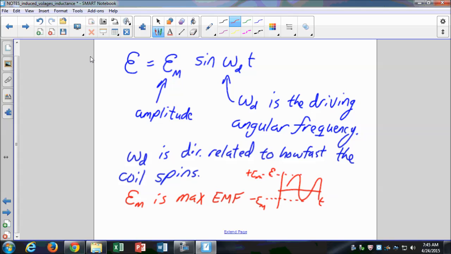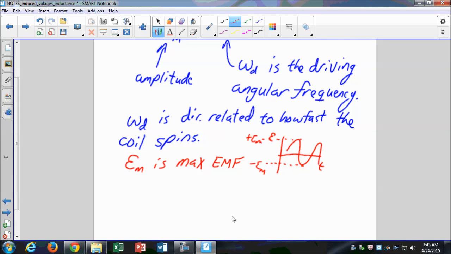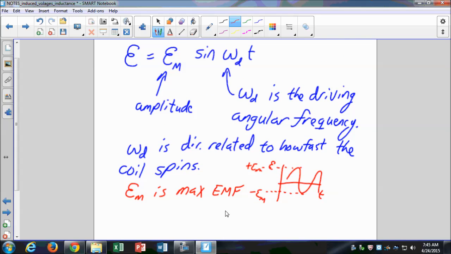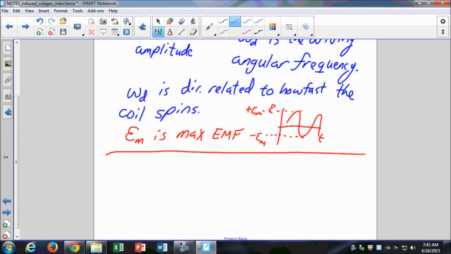And then I can also give the current. We'll see, when we get into some different functions, that the current doesn't always follow this function; sometimes it's out of phase. So we're going to write it this way: the current I is equal to our amplitude, that's our maximum current, times the sine of omega d, our driving angular frequency, times t minus some phase constant.